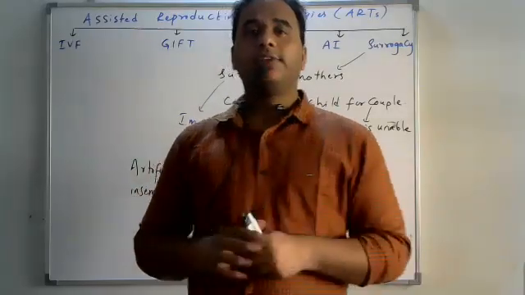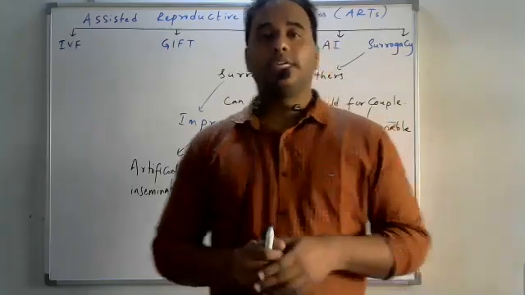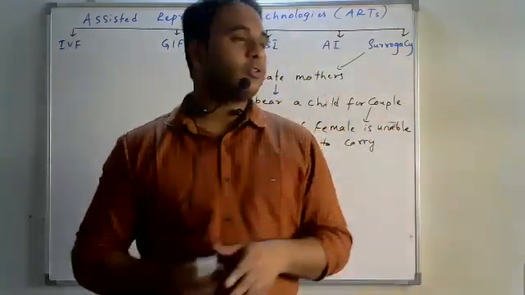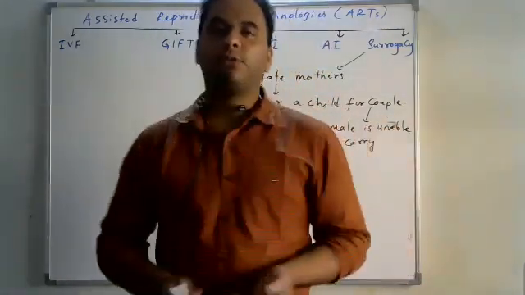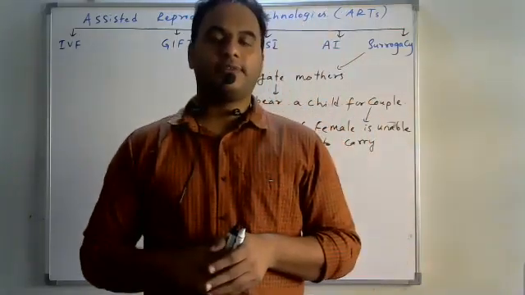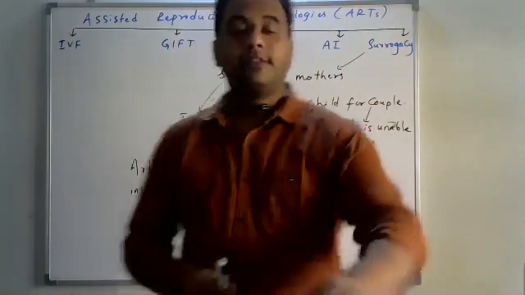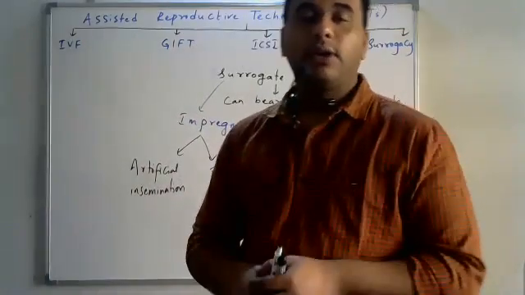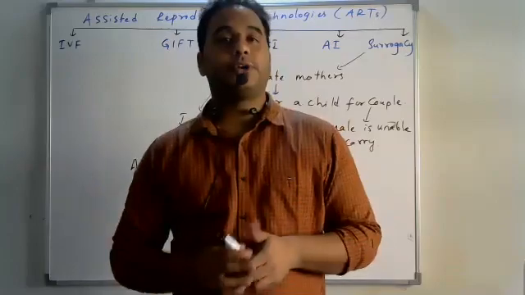Then only they will give permission to adopt a kid. It is not like what you see in the movies. So there is a big procedure for legal adoption. So this is all about assisted reproductive technologies.